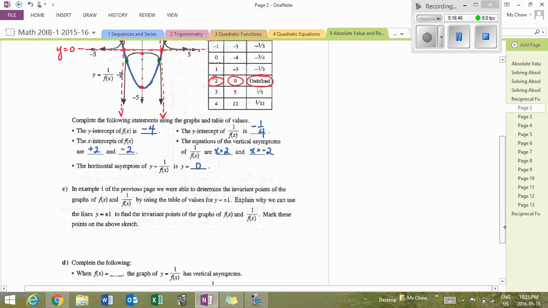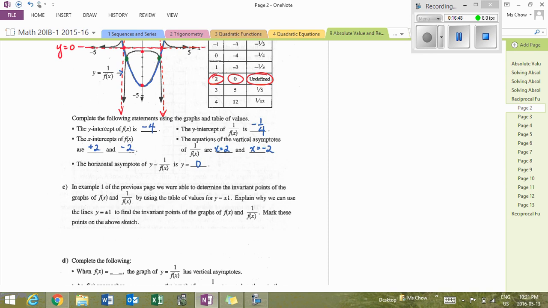If we wanted to calculate those algebraically, what do we do? Well, we substitute in y equals 1 and y equals -1, right? We recognize that we've got y is equal to x squared minus 4. So if y is equal to 1, then 1 is equal to x squared minus 4.